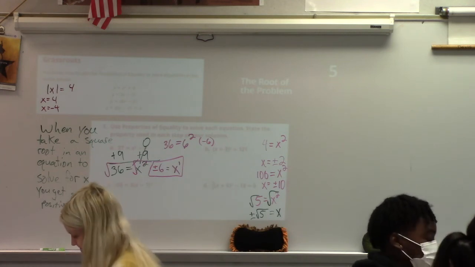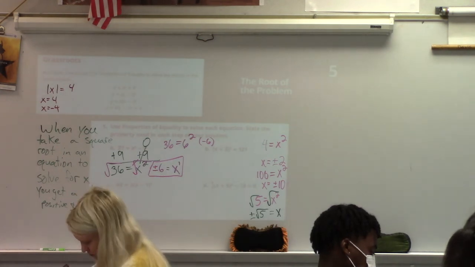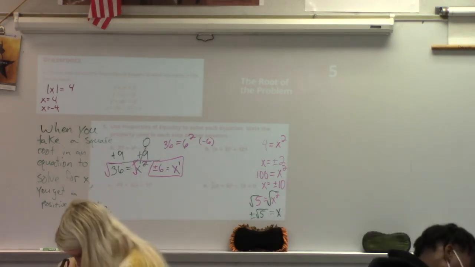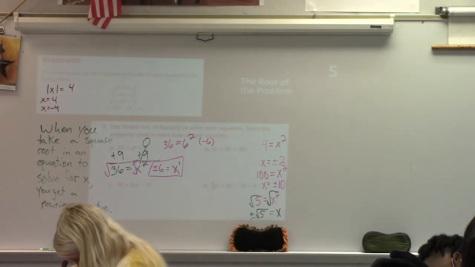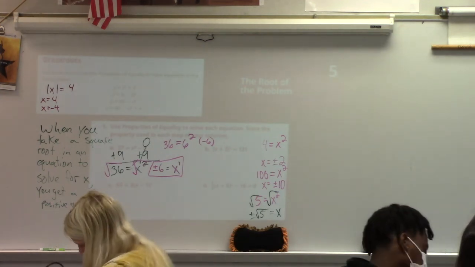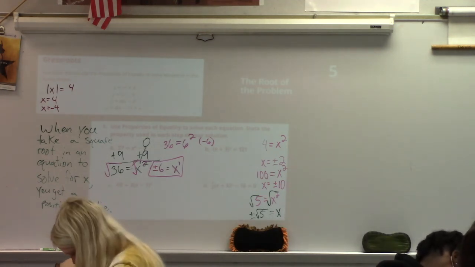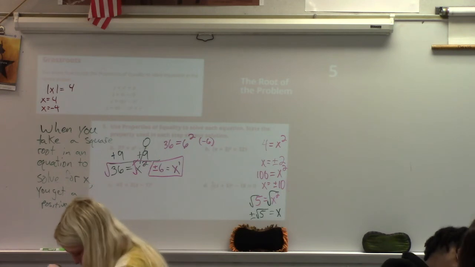If I were to have 48 is equal to 3 times x, what would you do to solve for x? So then you would divide. If I have 3 times x minus 1 squared, can't I still divide?